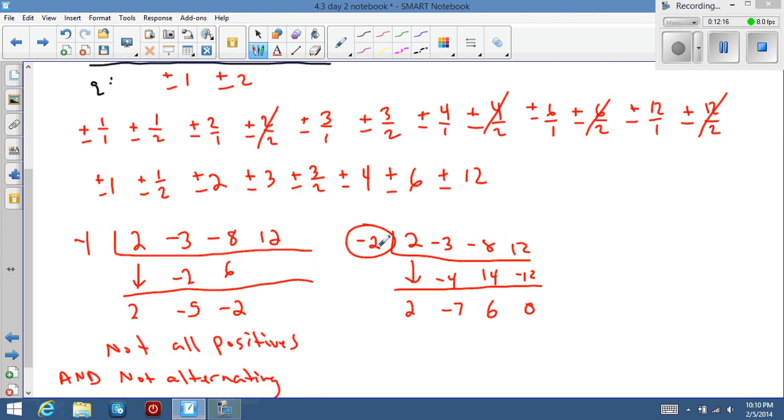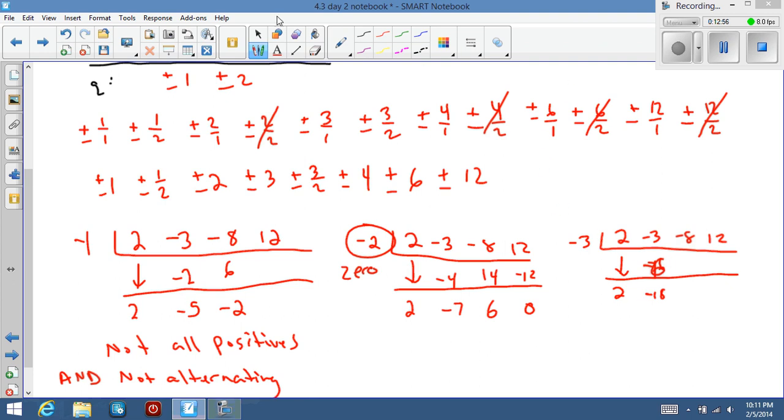So I know my lower bound is definitely less than -2. So I'm going to try -3. I'll even write 0 here so I remember. So -3, if I try that, 2, -3, -8, and 12. Bring down the 2, multiply, I get -6, add, I get -9.